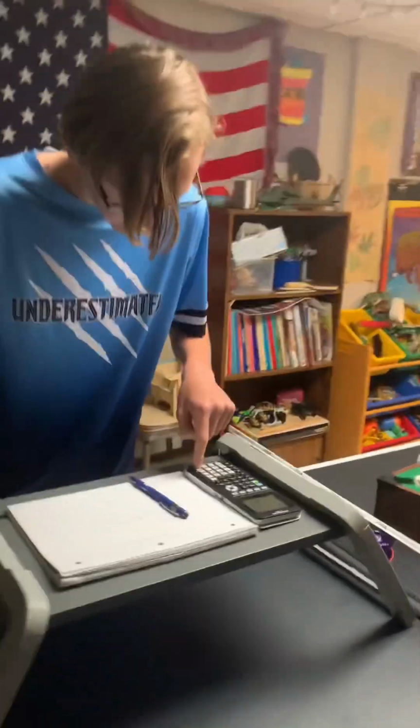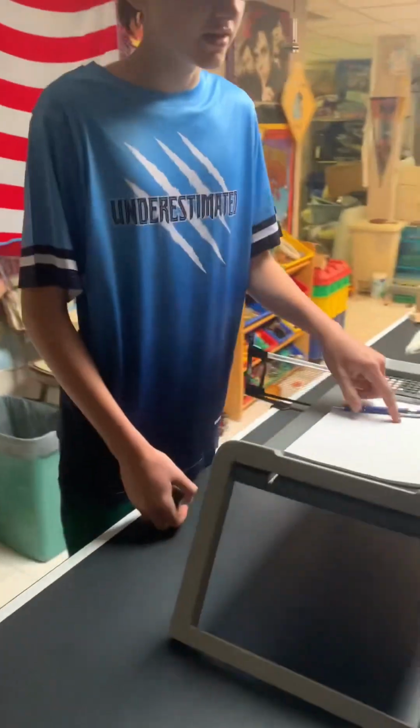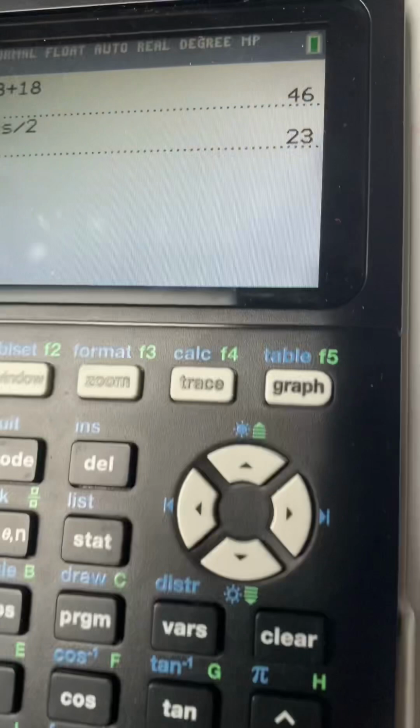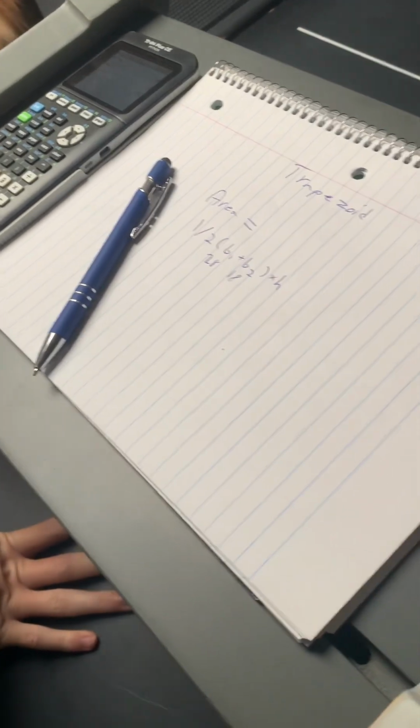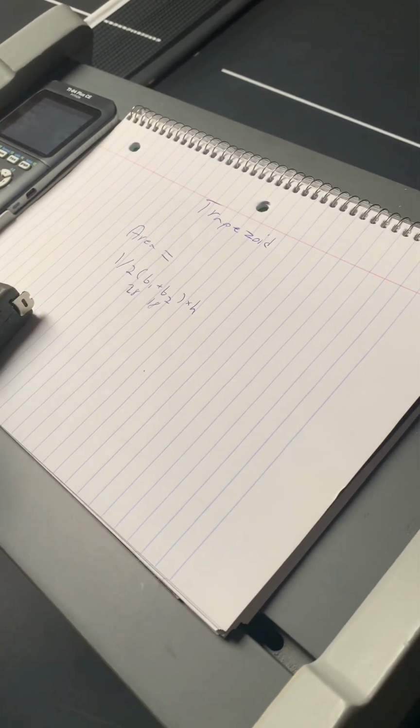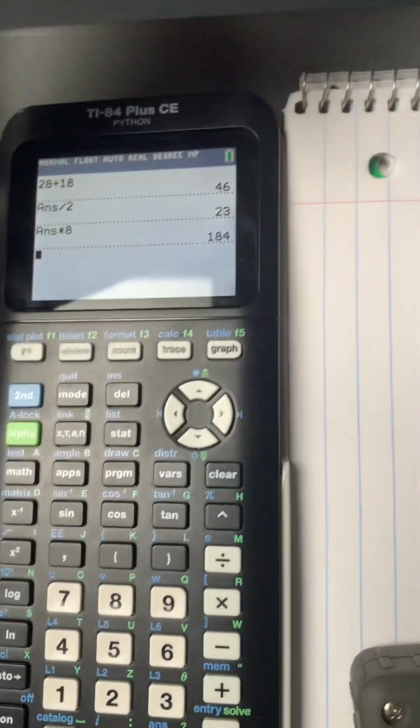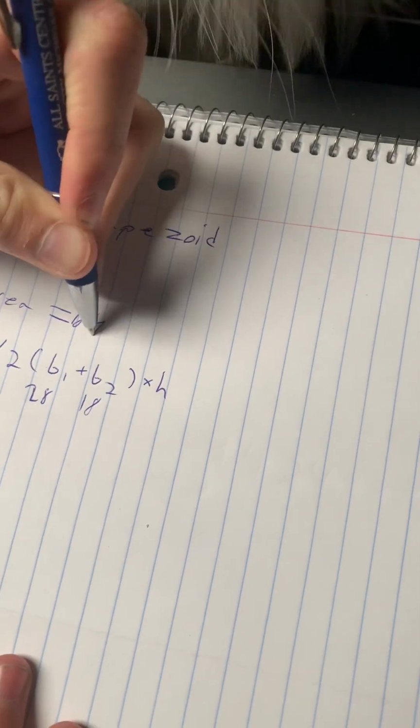They get 46 divided by 2, because you multiply it by 1/2 to find the area. You get 23, and then multiply that by the height of the trapezoid, which is about 8. So 23 times 8 is 184. So the area of this trapezoid is 184 inches squared.